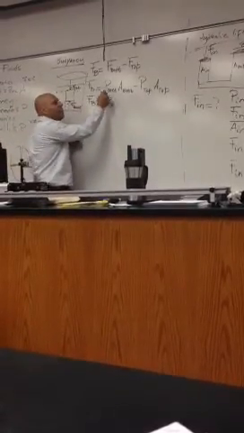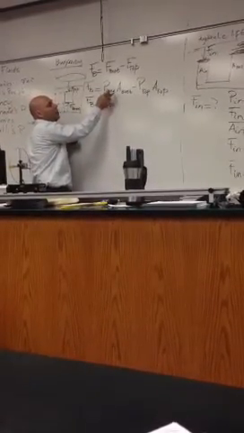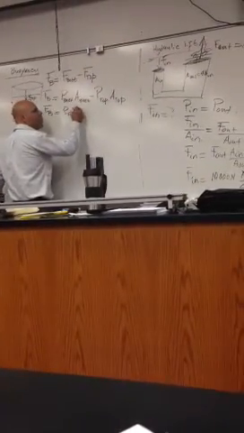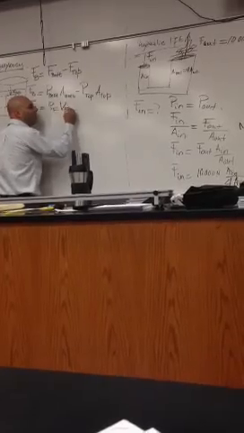Why am I putting density? Because pressure, we found, due to the depth, was rho g h. So it will be the rho of the fluid, times the volume of the fluid displaced by the object.